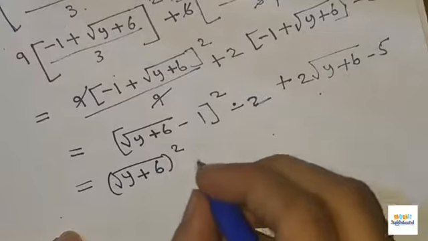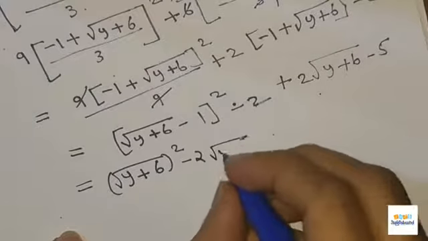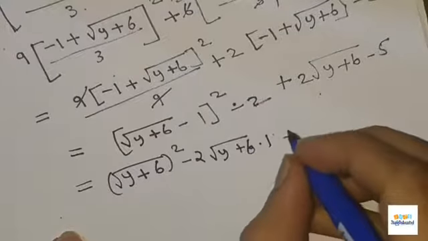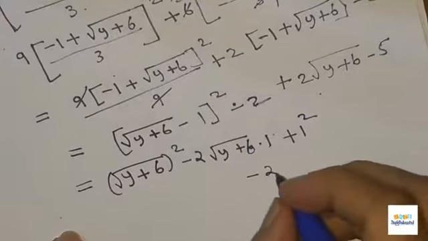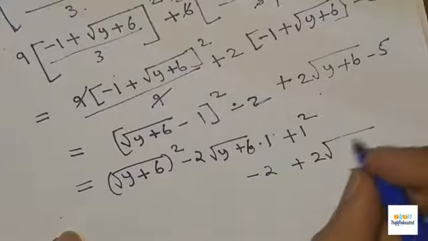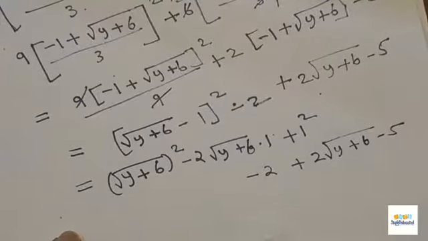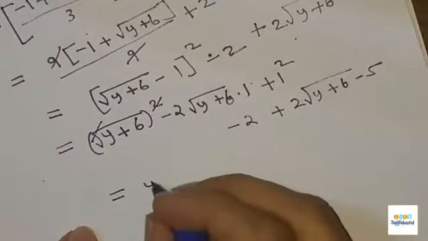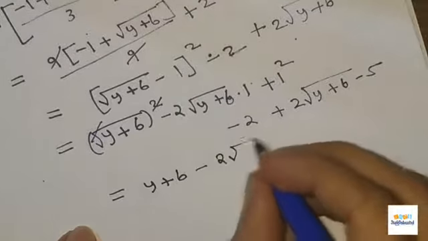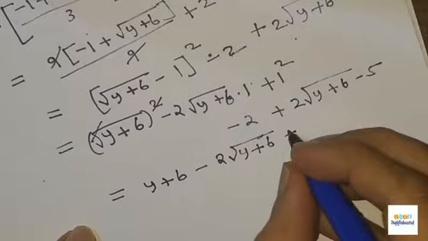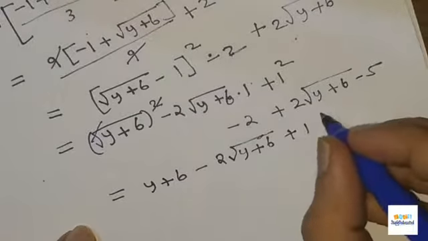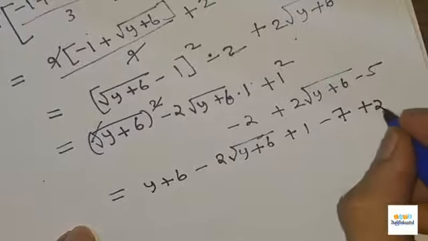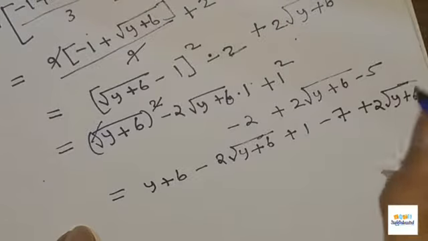So that means root of y plus 6 the whole square minus 2 times root of y plus 6 multiplied by 1 plus 1 square. So minus 2 plus 2 times root of y plus 6 minus 5. So that will be equal to what? Root and square will get cancelled. You will get y plus 6 minus 2 times root of y plus 6 plus 1, right? Minus 2 minus 5 is minus 7 plus 2 times root of y plus 6.